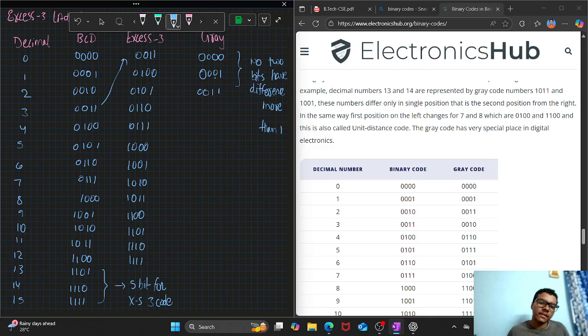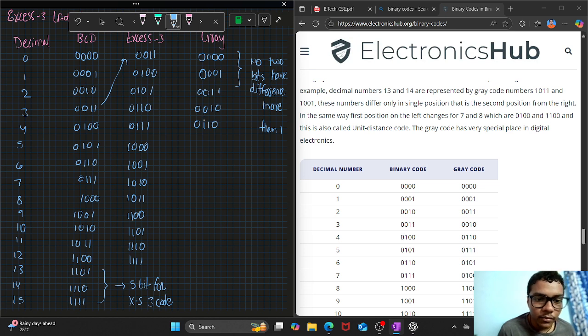For 1, it is 0001, and here this bit changed, the remaining bits are the same. For 3, write 0, 0 plus 0 is 0, 0 plus 1 is 1, and 1 plus 1 is 0. See, only one bit is different. Then 4: 0, 0 plus 1 is 1, 1 plus 0 is 1, and 0 plus 0 is 0.